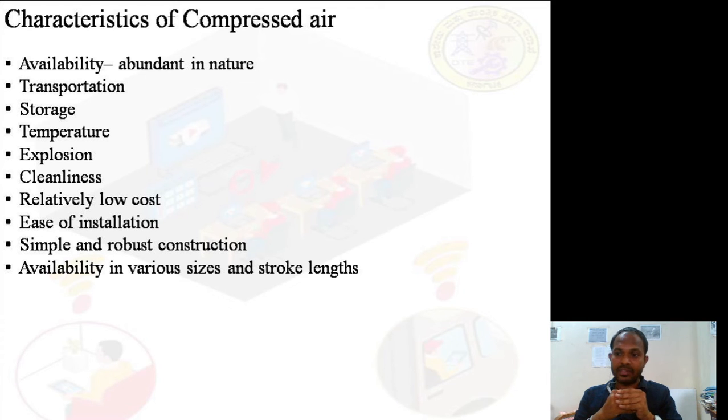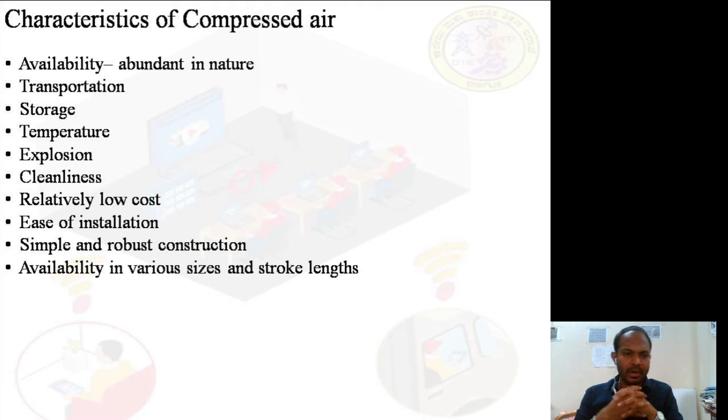Now these pneumatic elements are simple in construction and hence relatively inexpensive. These are all the different characteristics of compressed air: availability, transportation, storage, temperature, explosion, cleanliness, relatively low cost, ease of installation, simple and robust construction, and availability in various sizes and stroke lengths.